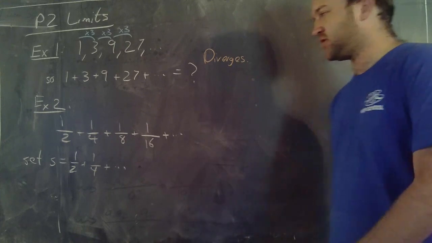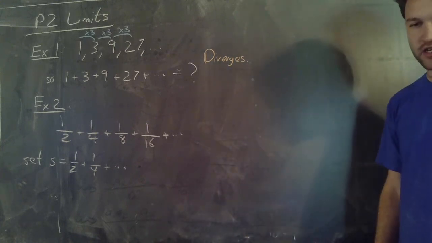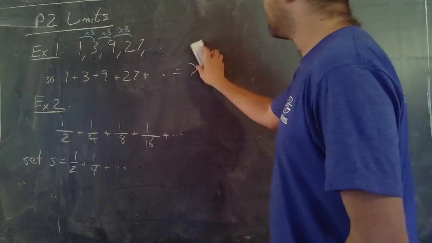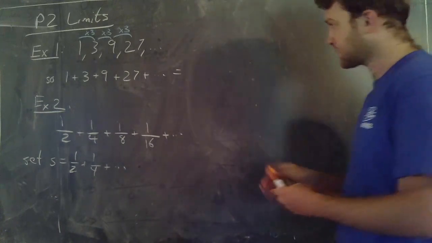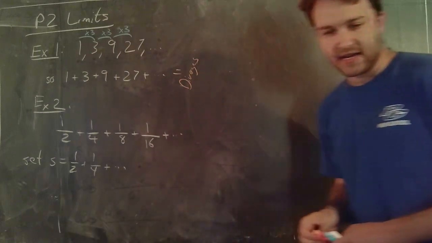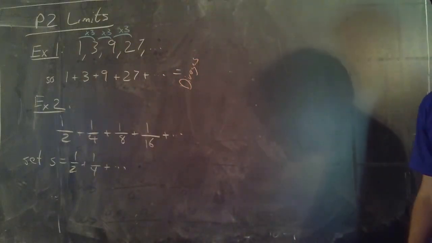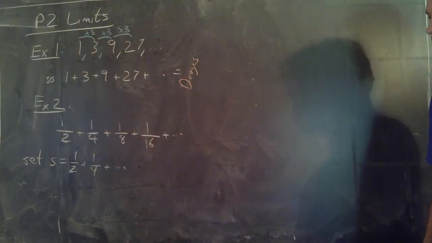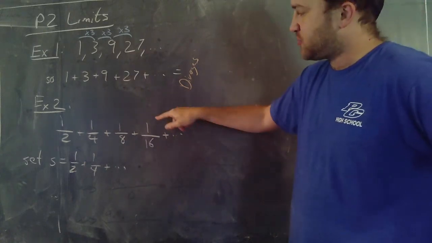Now in example 2, we have a slightly different case here, and I'm actually going to derive this one for you. I'll write in diverges just for my own sanity there. So in this second example, you'll notice that we have this series presented to us.